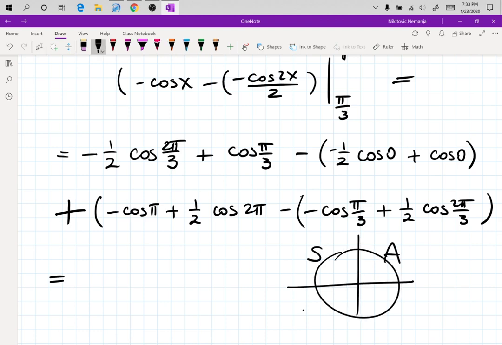All students take calculus. This is where the positive quadrants are. If I have cosine of 2 pi over 3, that sits in the second quadrant. Cosine is negative in the second quadrant because all positive, cosine positive. That's what A and C stand for, right?